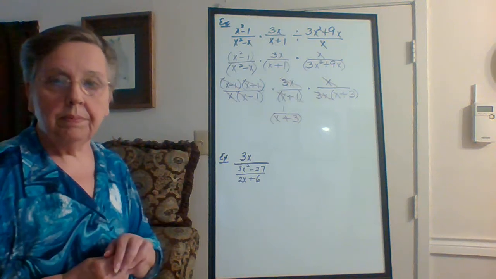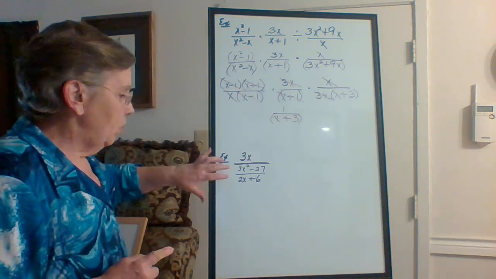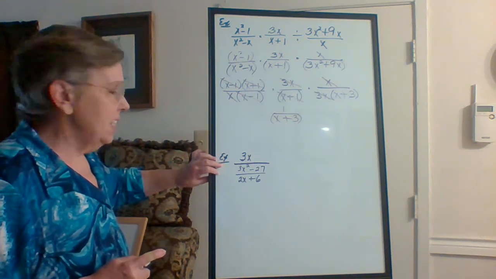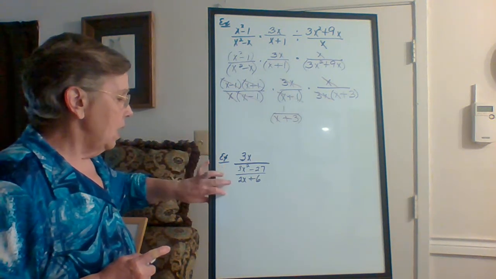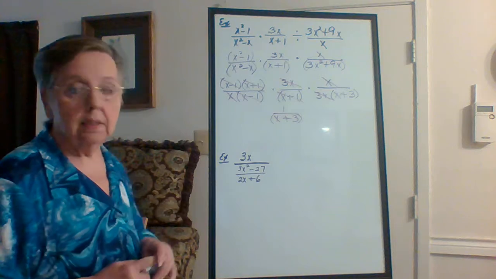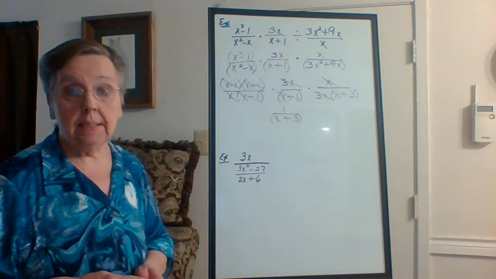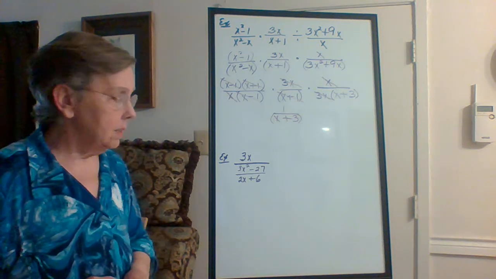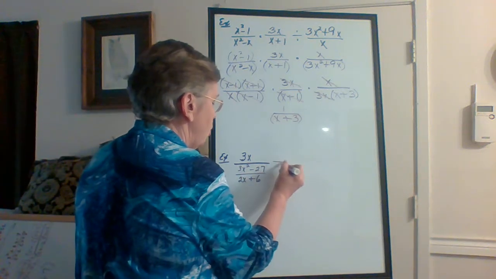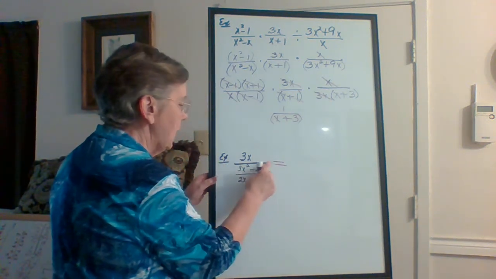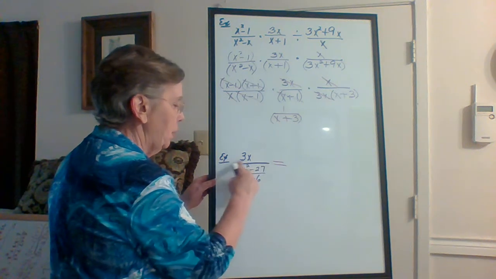Next example. Oh, wait. That looks funny. 3x over 3x squared minus 27 over 2x plus 6. Different, isn't it? You see that this line is a little bit bolder.